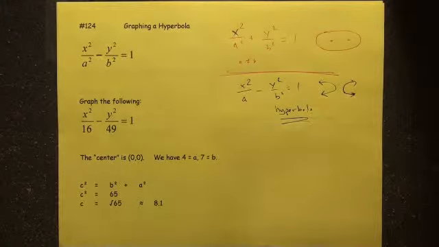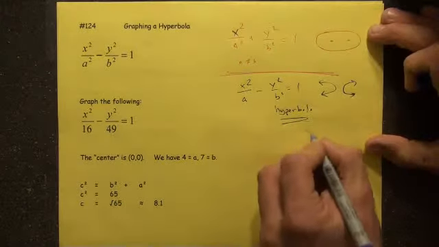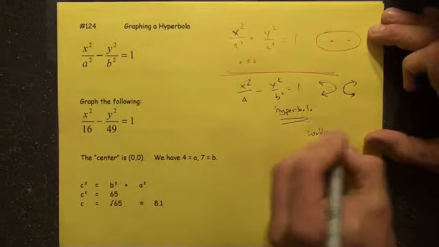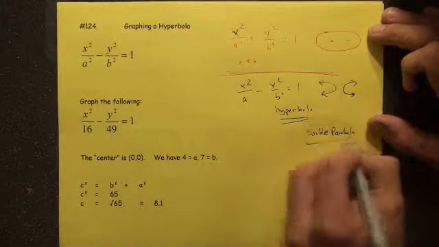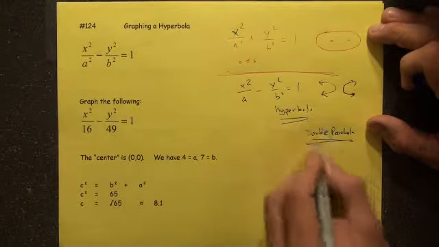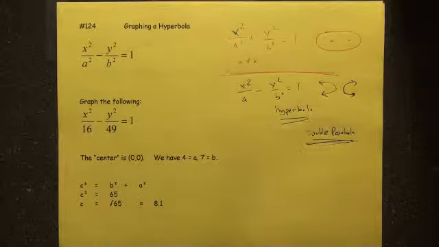And hyperbola basically means, for lack of a better definition, double parabola. Hyperbola, double parabola. That's what it means. So you have two parabolas for a hyperbola.